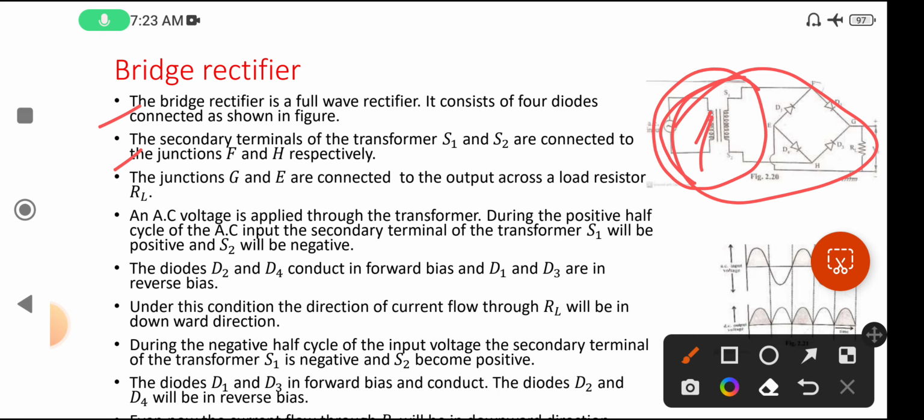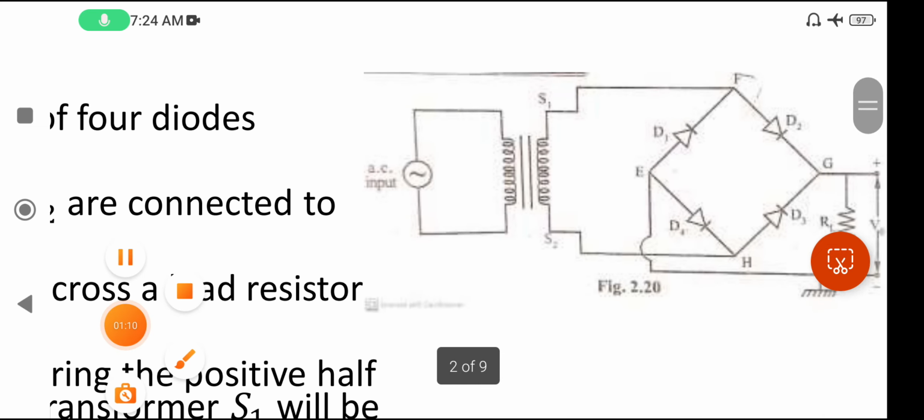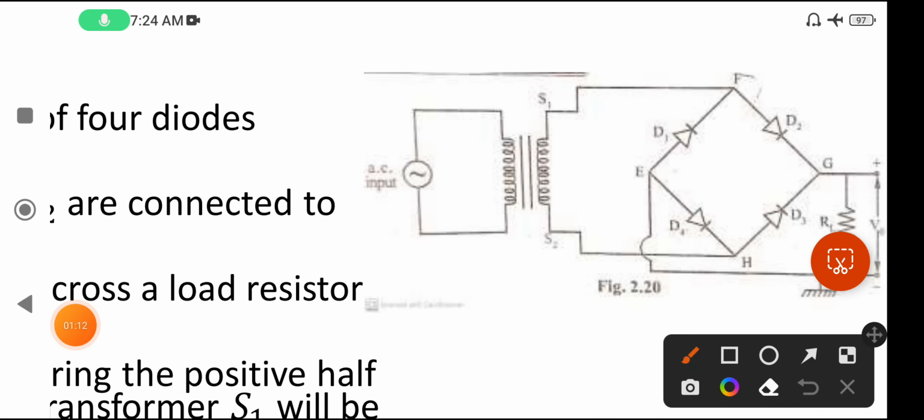This side coils are called primary and these are called secondary. So this is the primary coils and these are the secondary coils. On the secondary coils, this side is S1 and this side is S2. And S1 is connected to what? It is connected to F and S2 is connected to H. Okay, F and H.